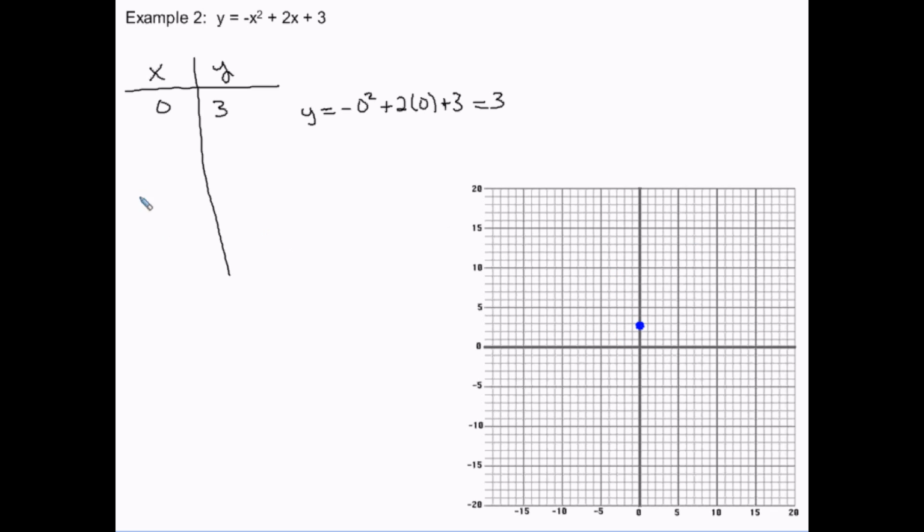I'm going to plug in a 1 and see what happens. Again, we want to look, we're negative, which means we're going to open downward. So we're going to look like that. If I plug in a 1, I get negative 1 squared plus 2 times 1 plus 3. So 2 plus 3 is 5, minus 1 is 4.